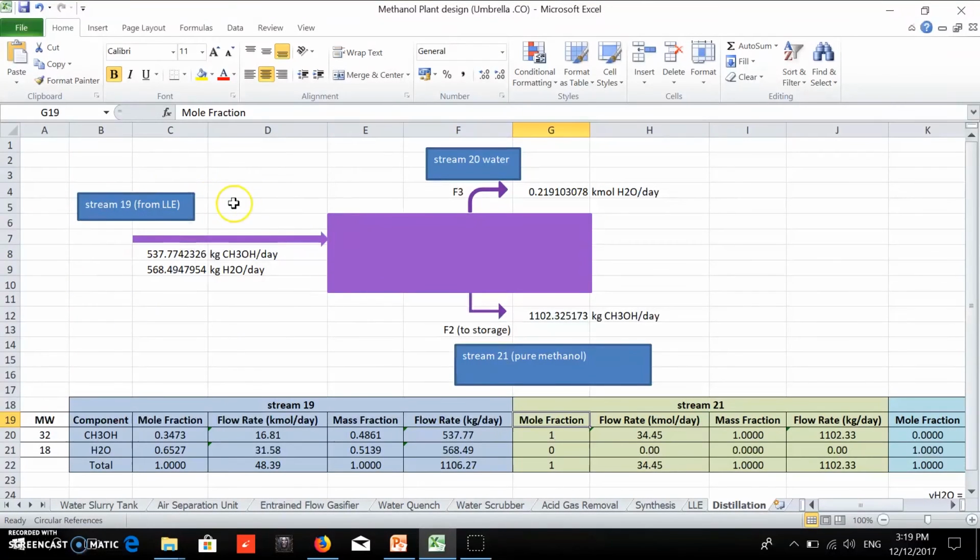These are in liquid form. Next, we separate the methanol and water, and the result is we got 1102.325173 kilogram methanol per day, which is pure methanol here, and we have 0.219 kilomole H2O per day.